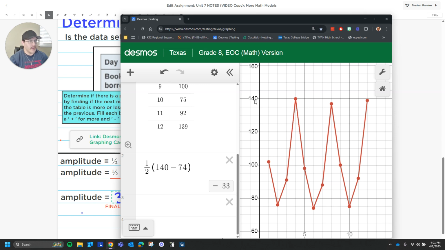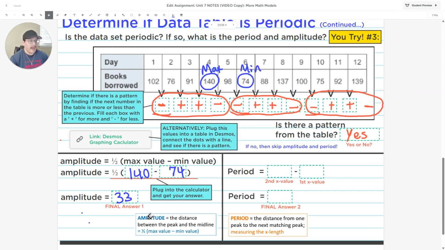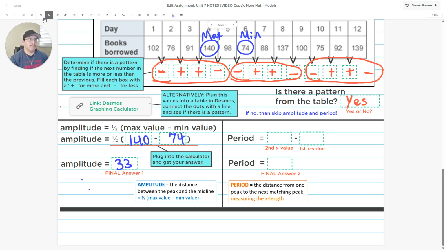So about 33 down, which is about 107. So y equals 107. It'll create a midline from here, because from 140, it's 33, so 107. And then from 74, you add 33, and that's 107 as well. So there's the midline right there. If you're interested about that, but that's not really important. That's just the midline. Okay?